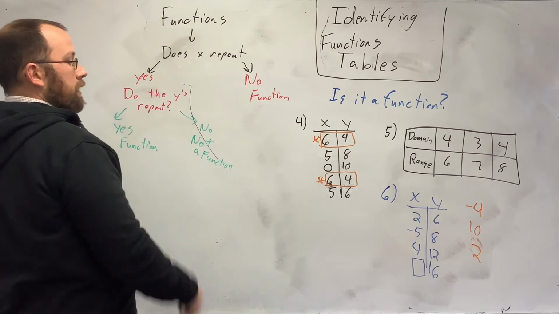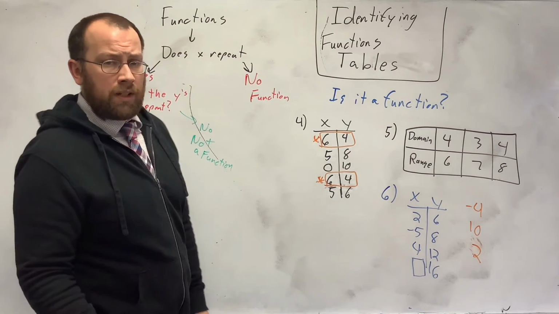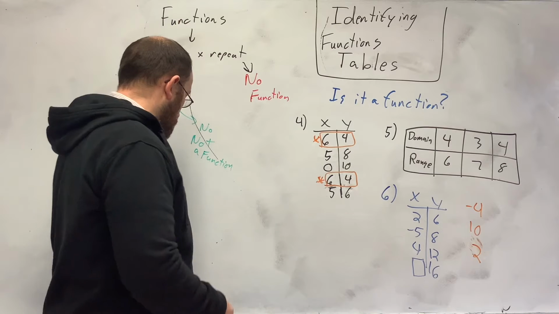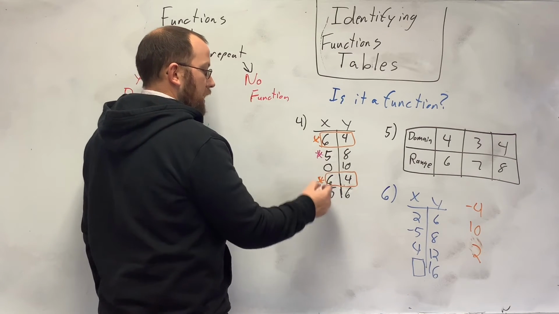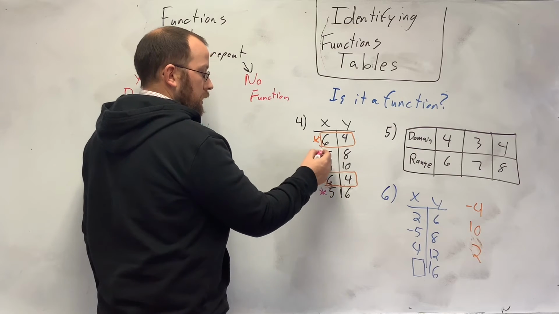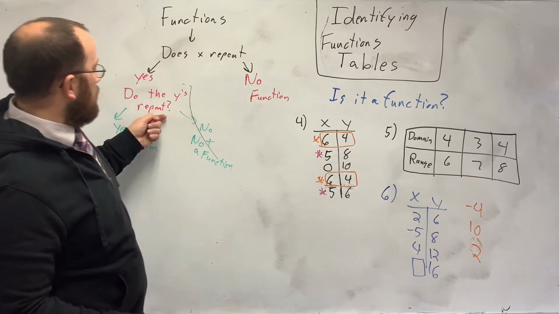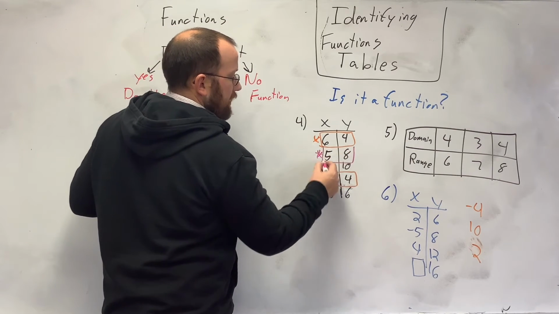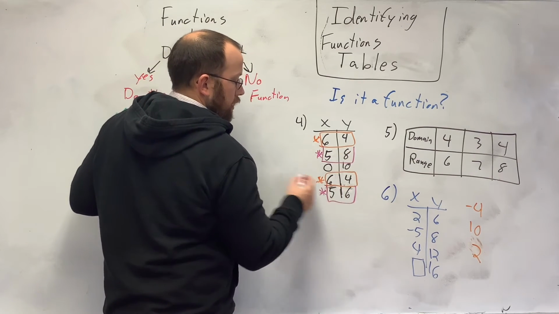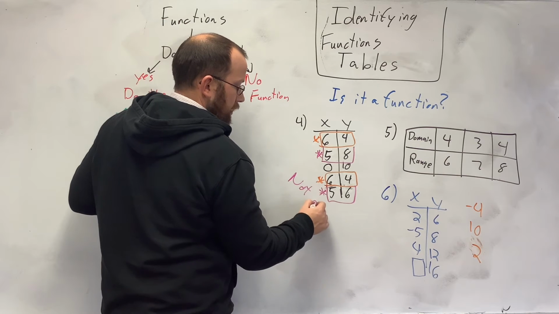Yes, they do repeat, but is this a function yet? No, it is not, because I have a 5 that repeats also. So yes, they do repeat. Do the y's repeat for it? Is 5, 8 the same thing as 5, 6? No, this is not a function.